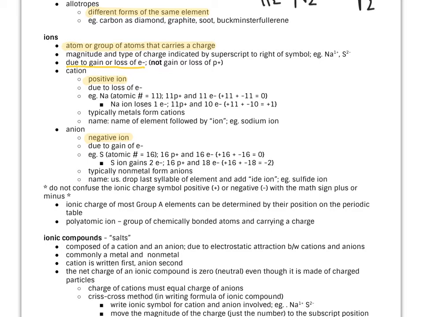And so we can also call these polyatomic ions. And going back to our bioterm days, we know that poly means many, and atomic obviously means atom. So polyatomic literally means many atoms. So it's not just going to be one element, it's going to be many elements, many atoms. And they are going to be chemically bonded atoms and carrying a charge.